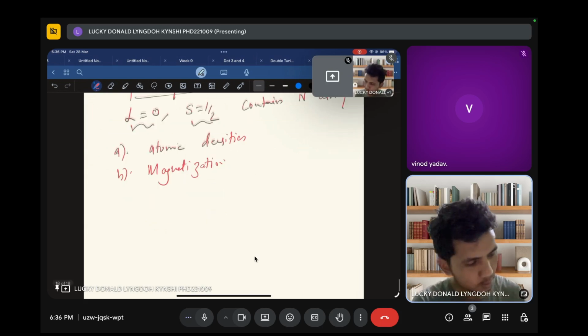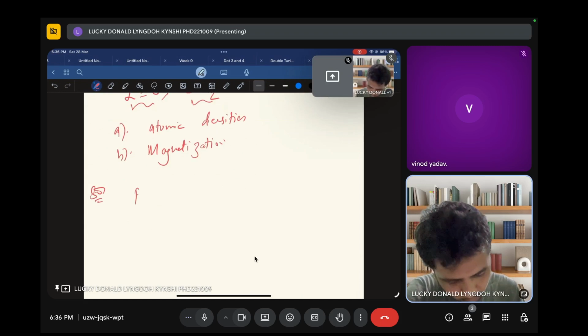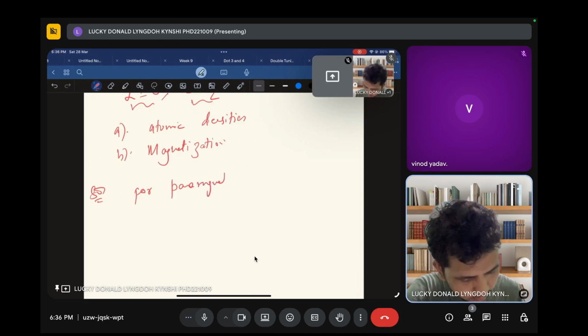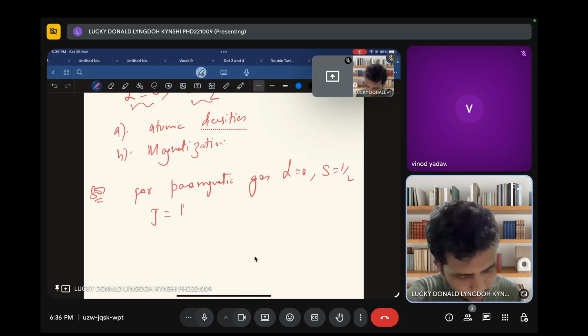Okay, so now for a paramagnetic gas with L equal to 0 and spin equal to half, what is the total angular momentum? J is equal to L plus S, which is simply equal to half.